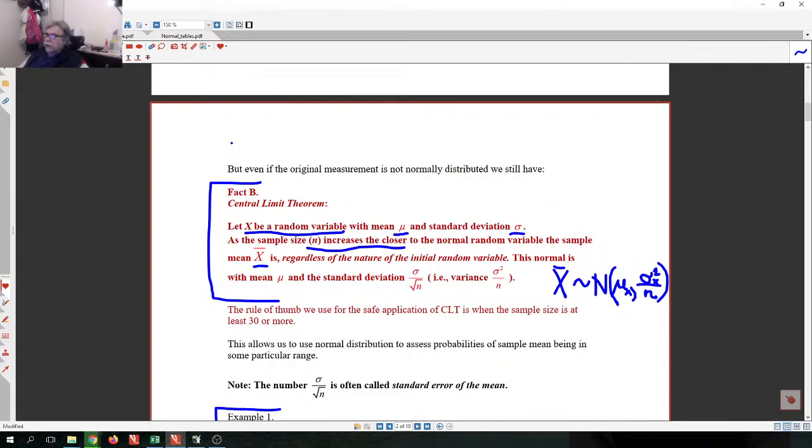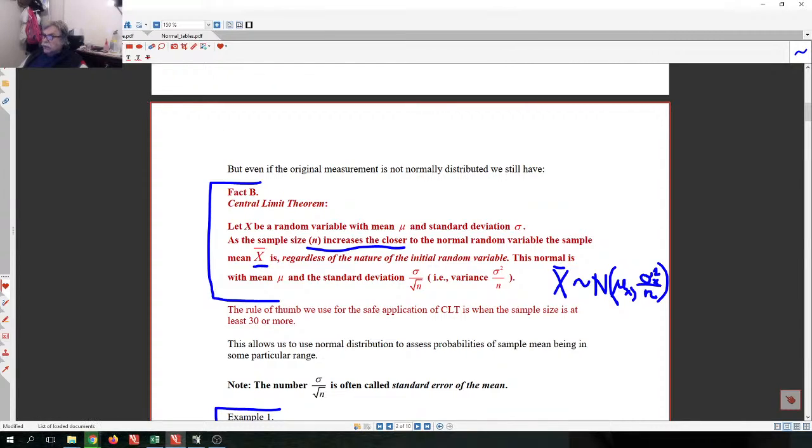So this is a very important conclusion, because it does not require at all that X has some kind of defined distribution. Does not require that at all. It only requires that you have a mean and standard deviation. So the variable has to have a variance and the mean. That's it.